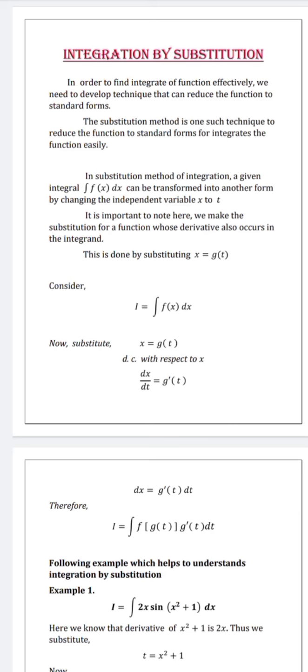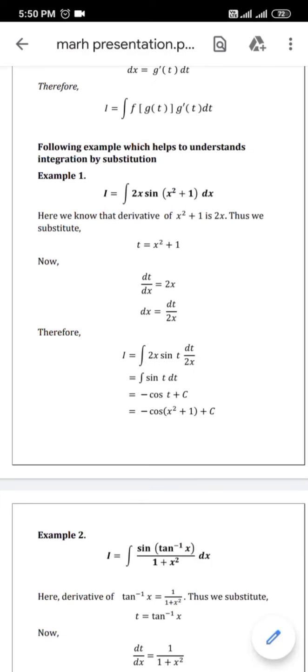Now we differentiate it with respect to t and we get dx equals g dash t into dt. Therefore, the initial function is transformed in such a way: I equals integration of f(g(t)) into g dash t into dt. Here we take the following examples which help to understand integration by substitution.